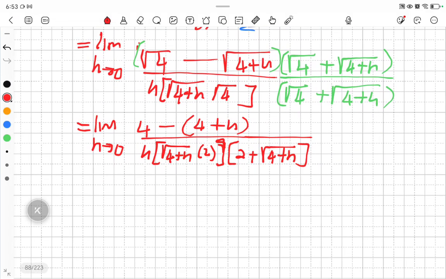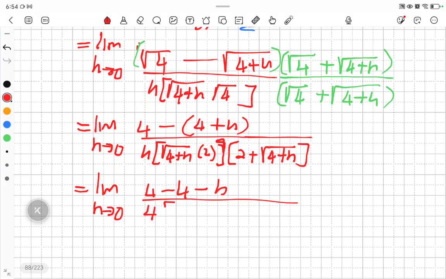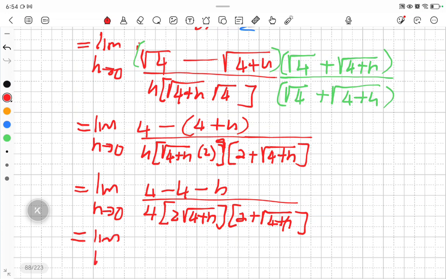Then this would be the limit as h approaches 0 of 4 minus 4 minus h, all over 2 root of 4 plus h times 2 plus root of 4 plus h. You see, right? And that will be minus h.